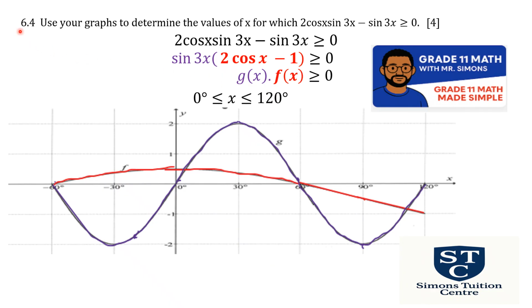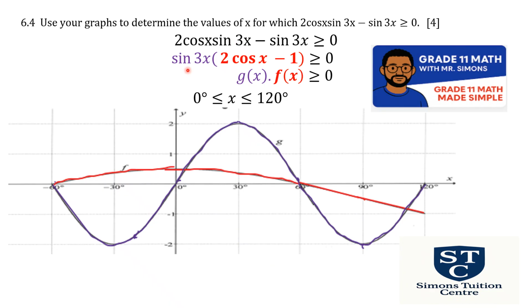6.4: use your graph to determine the values of x for which 2 cos x sine 3x minus sine 3x is greater than or equal to 0, for 4 marks. If we take out the common factor, you see it's separated by a minus sign. So always look for a common factor, which is sine 3x. Then I'm left with 2 cos x minus 1.